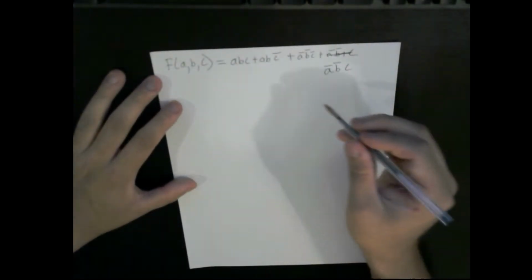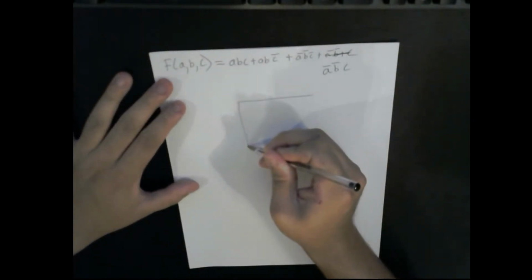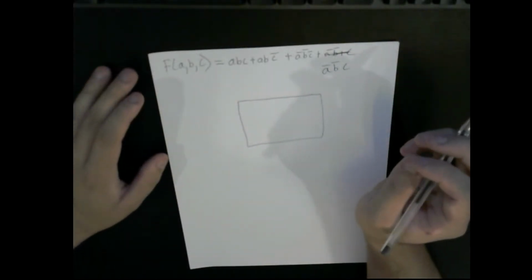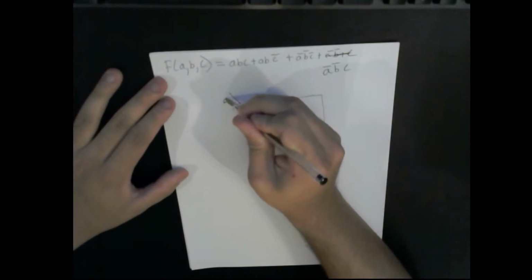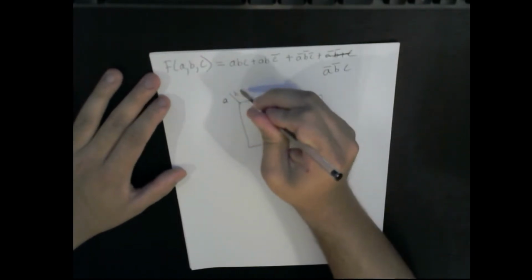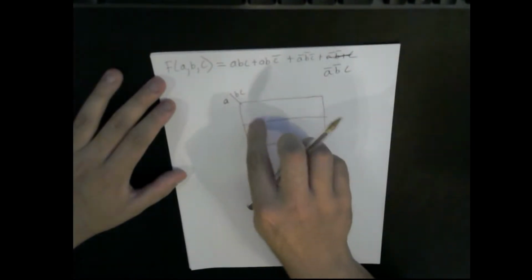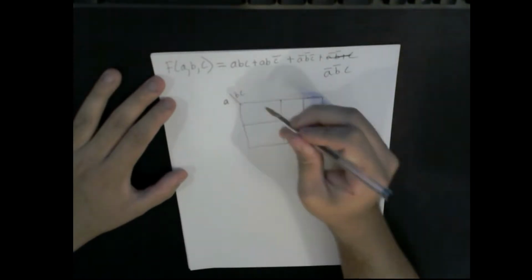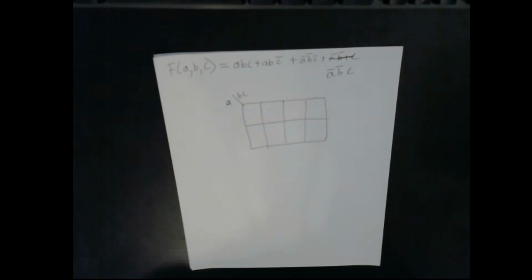I have three variables, so I'm going to draw a K-map that has, in one dimension, one variable, so A here, and in the other dimension, two variables. So in this dimension we're going to have two cells, and in this one we're going to have four. I like to number the K-maps, because K-maps have a weird numbering system.